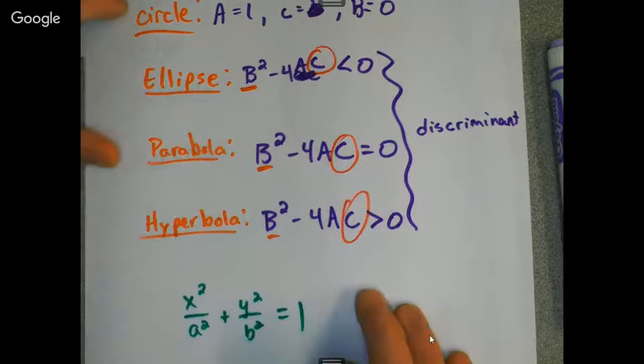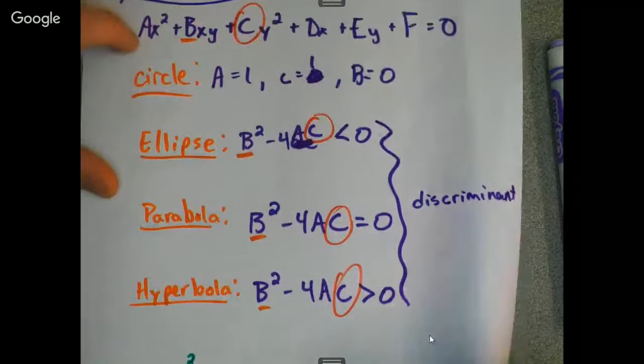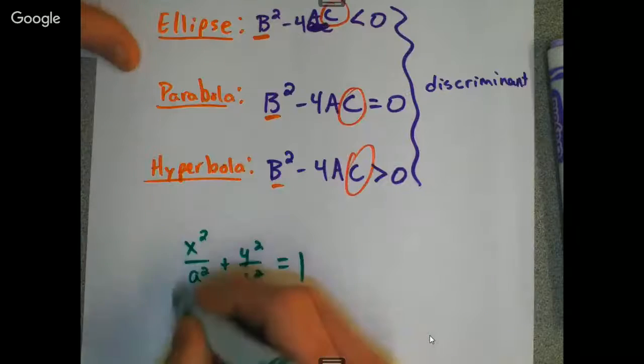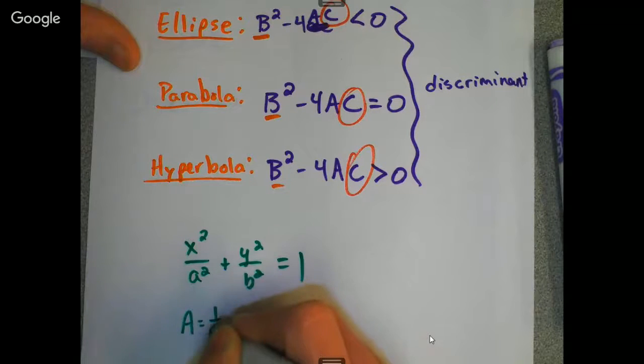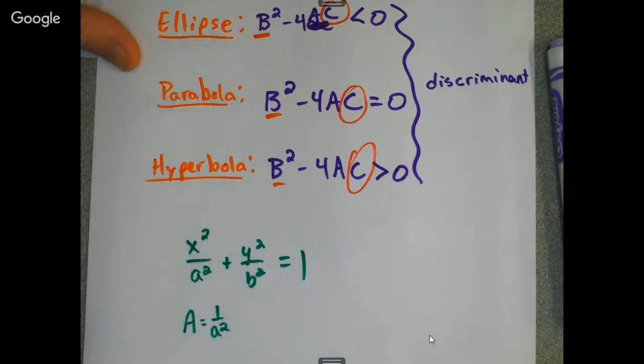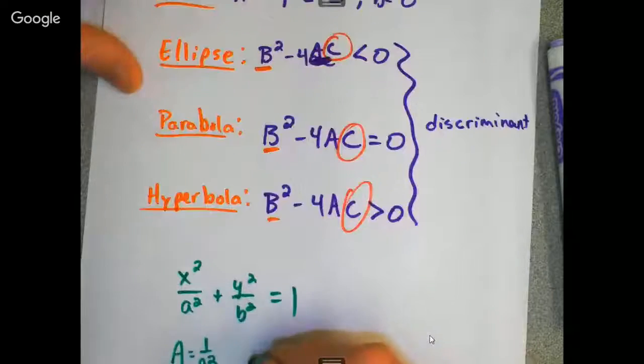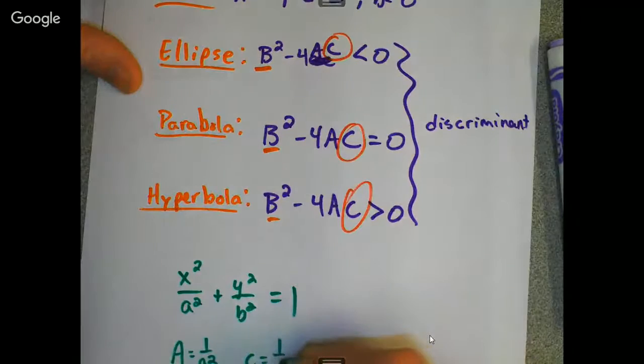A goes with x squared, so in this case capital A is 1 over a squared. Then C goes with y squared, so C is 1 over b squared.